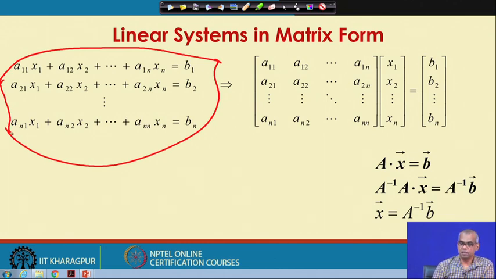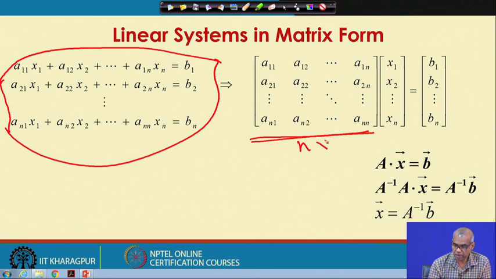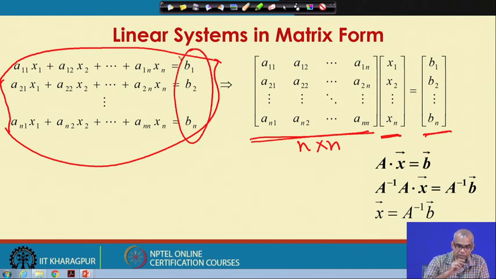So, this can be written with this coefficient matrix, which is an n by n matrix, this column vector which is x1, x2 up to xn, and this right hand side vector.